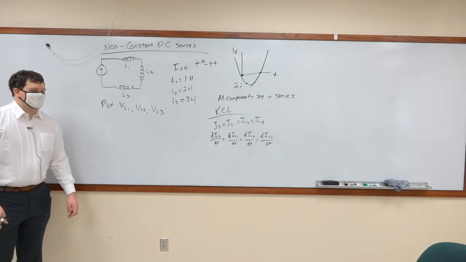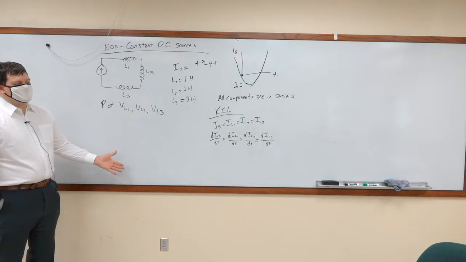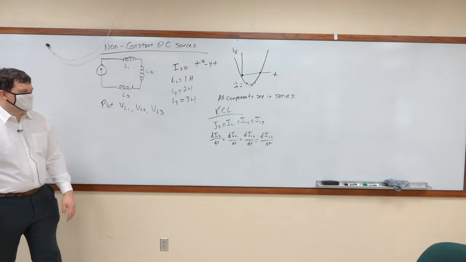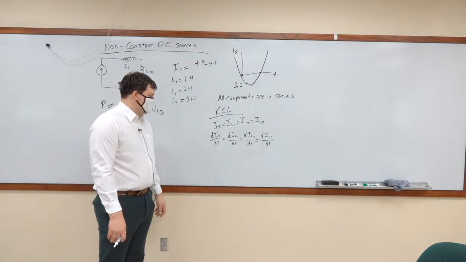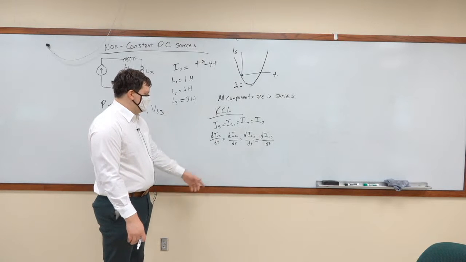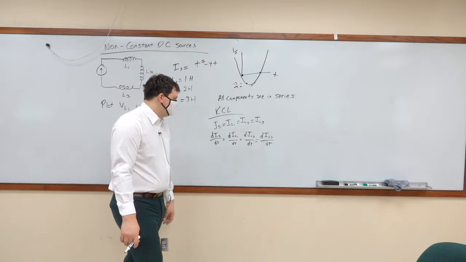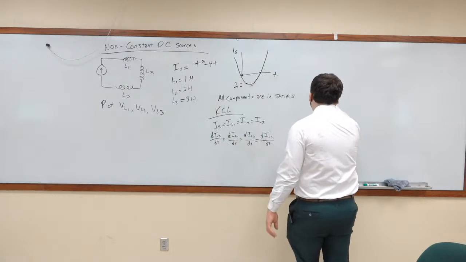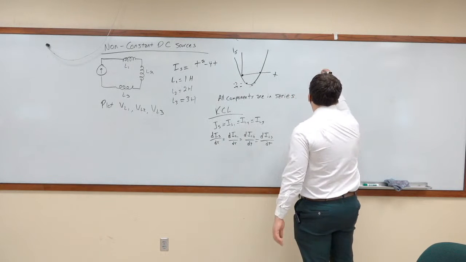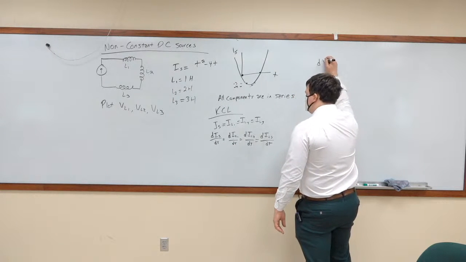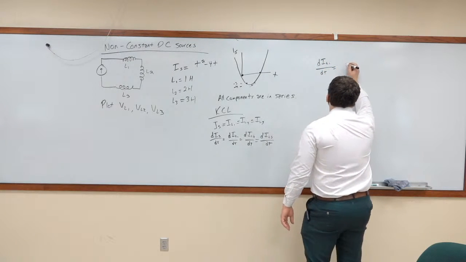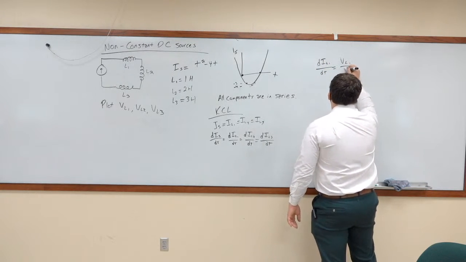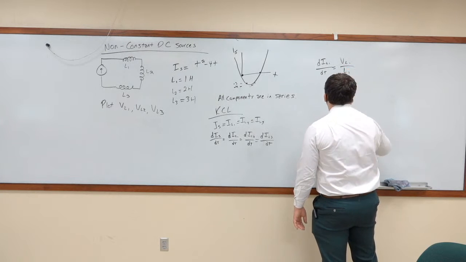Now this is nice for us because now that we know that these derivatives are equal, according to our relationship that I gave you at the beginning of class, dIL/dt is equal to VL1 over L1.